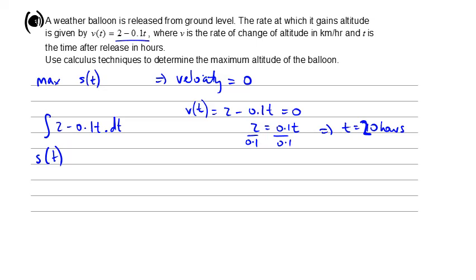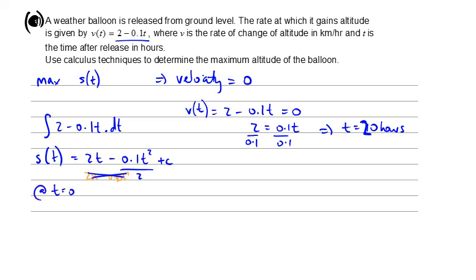So when I integrate this, I should get 2t minus 0.1t squared over 2 plus c. I think some of you put that as minus 2x minus 0.505t squared. I'm not sure why, but I think that's what some of you did. So obviously that there's wrong.